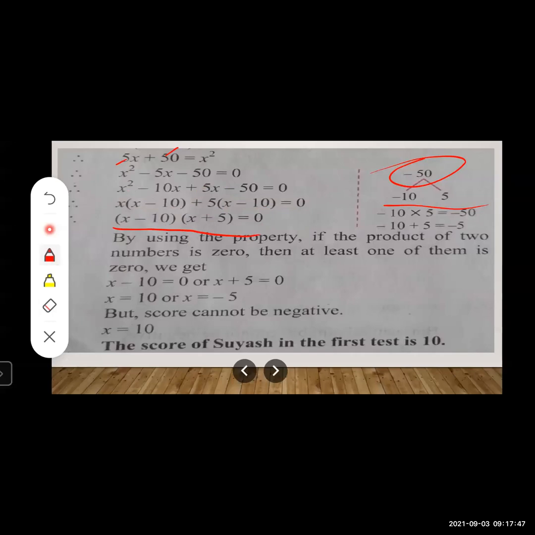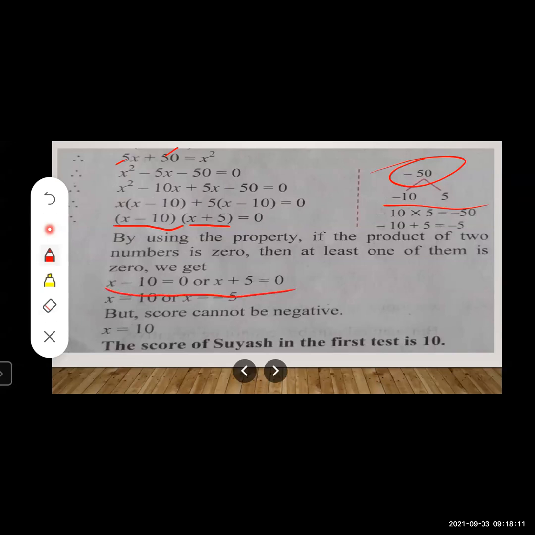Now you know the property. Which property? If the product of two numbers is 0, then at least one of them is 0. When you use this property, what will be our next step? You will write either x minus 10 is equal to 0 or x plus 5 is equal to 0.